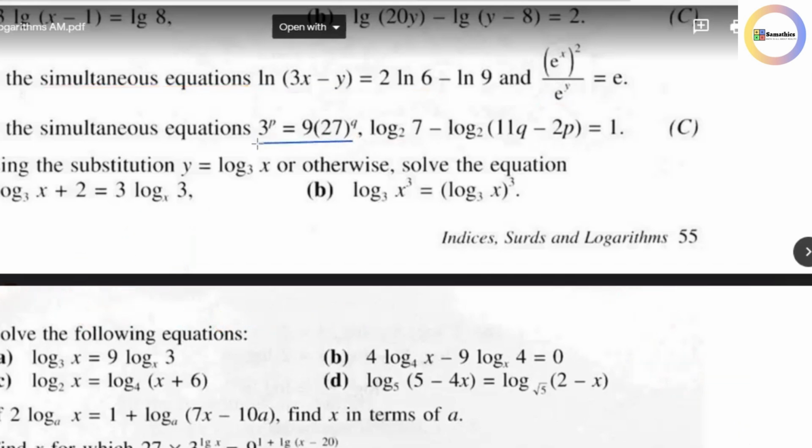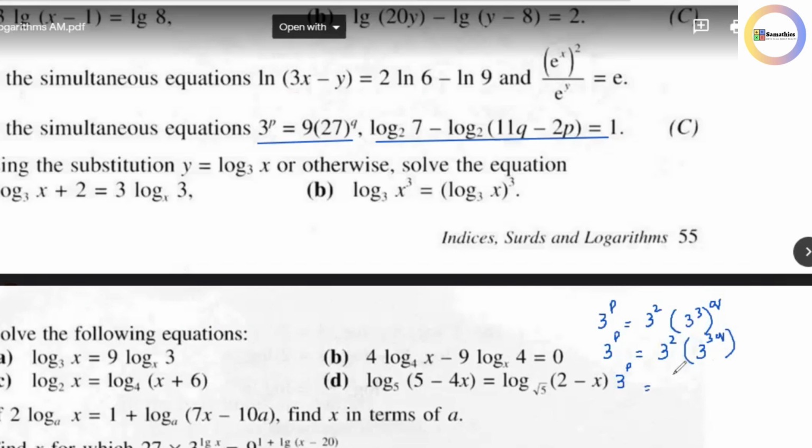Now you can solve the simultaneous equations. You must know which is one equation and which is the other. So what will you do for this equation? You can write 9 as 3 squared and 27 as 3 cubed. First, you have to simplify it: 3 power p is equal to 3 squared, and here it becomes 3 cubed. Do it step by step.